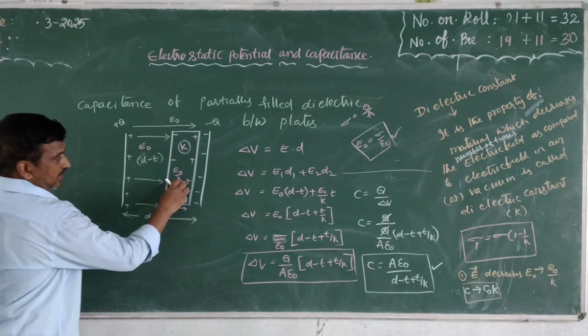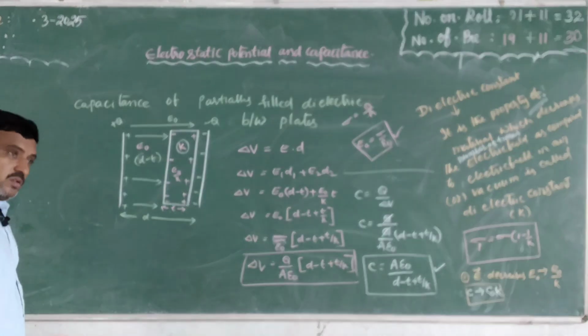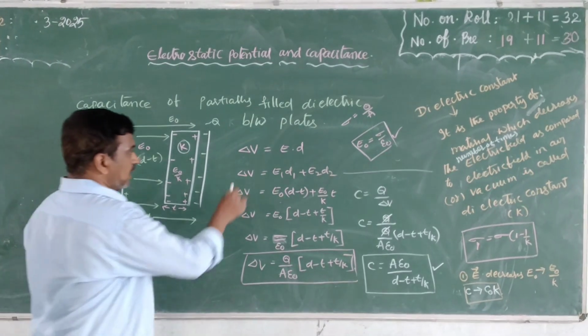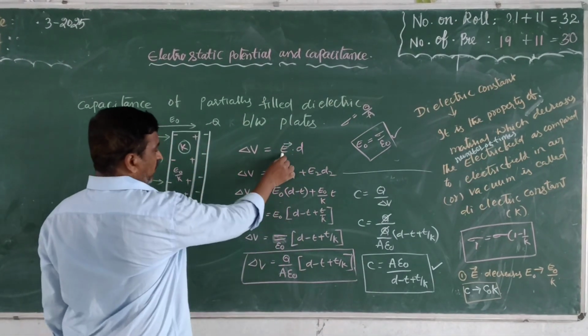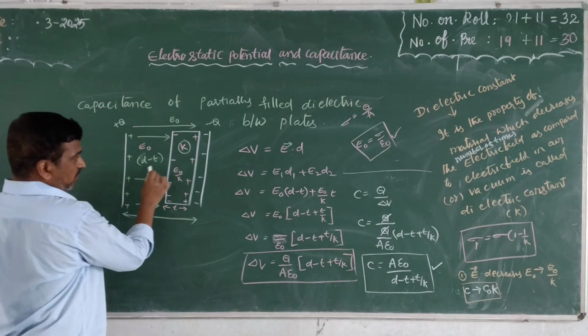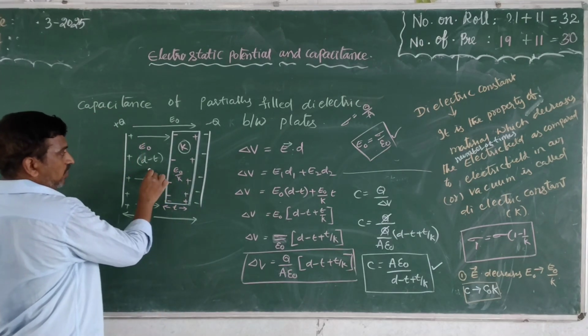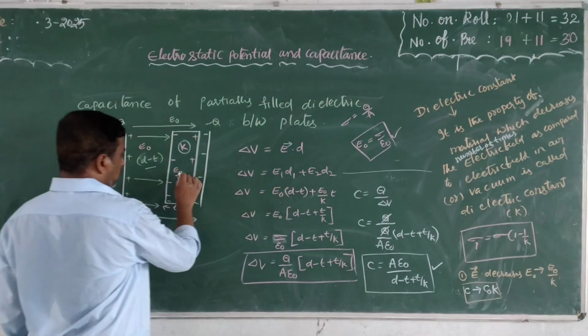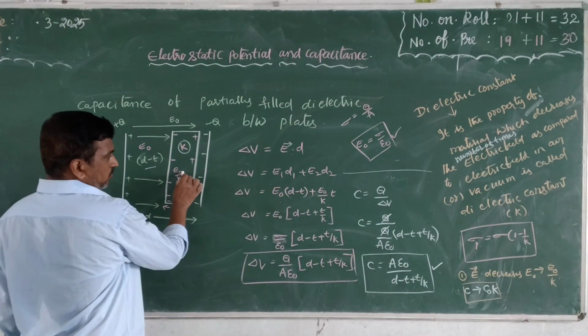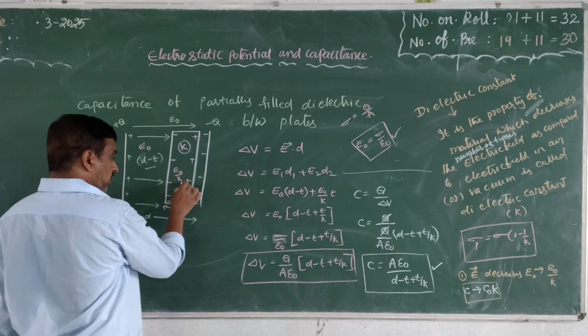So delta V equals electric field into distance: E1 d1 plus E2 d2. E1 is E naught with distance d minus t; E2 is E naught by K with thickness t.